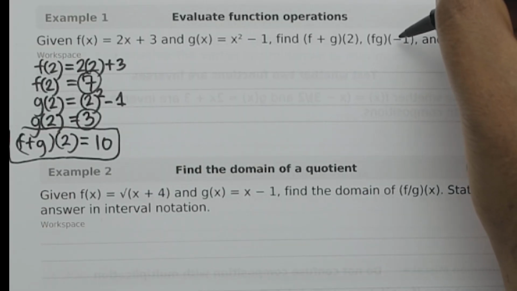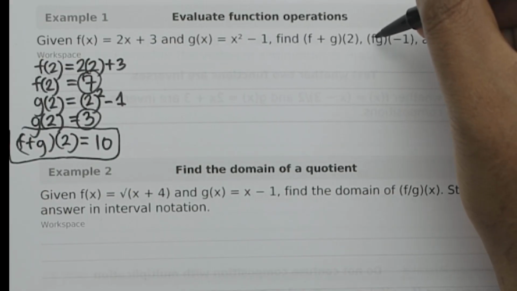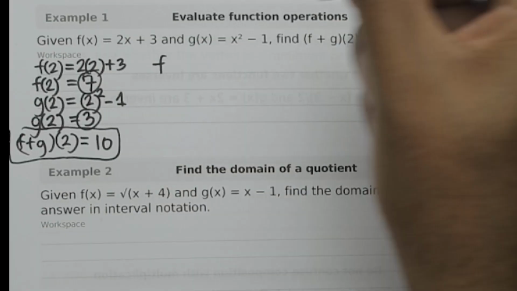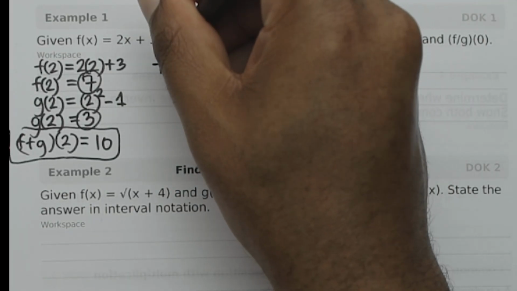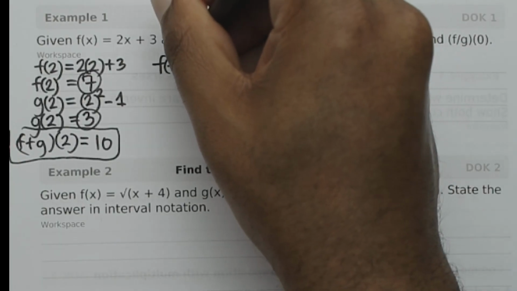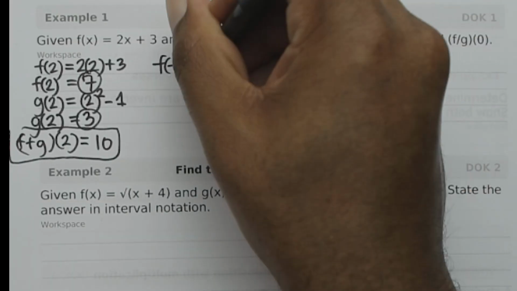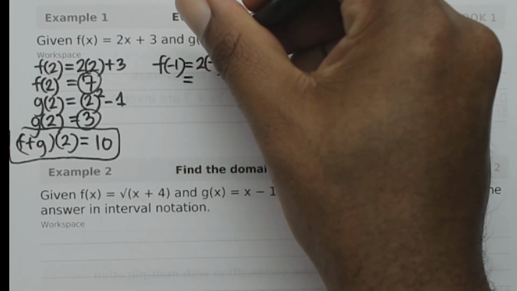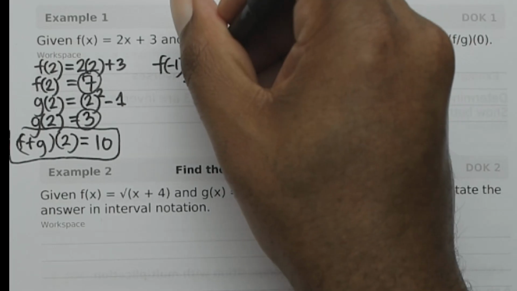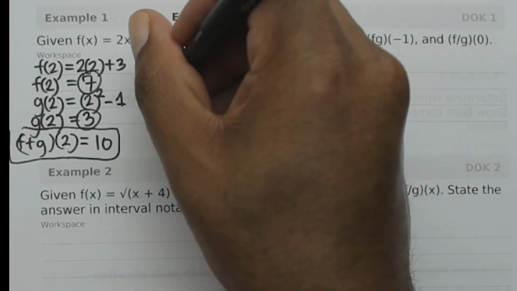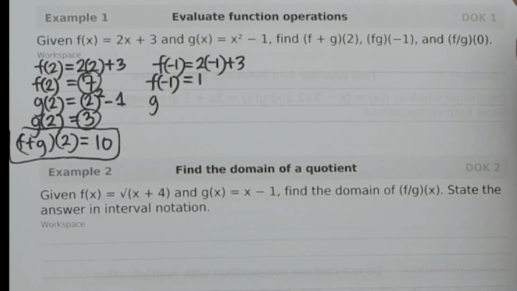Now let's look at this one. We're going to take -1, put it in g, put it in f, and then we're going to multiply. So f of -1 is 2 times -1 plus 3, or -2 plus 3, which is +1. So f of -1 is going to give me +1. Now let's do g.